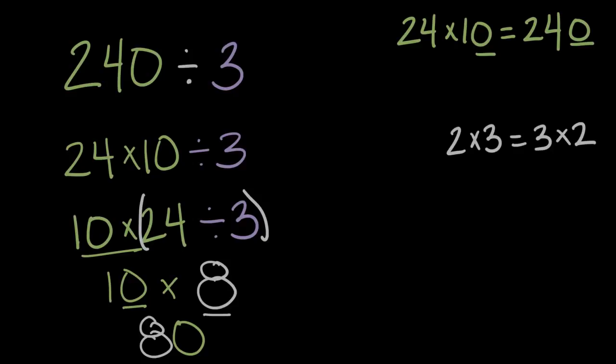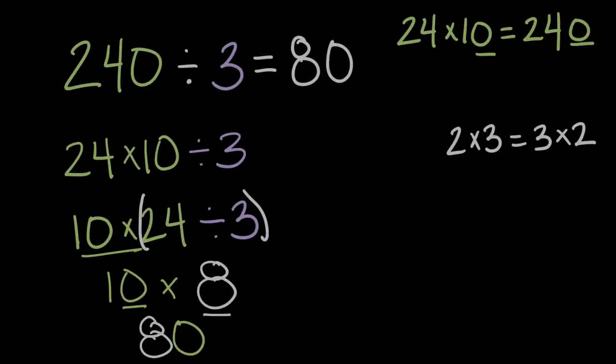So our solution is 80, which means our solution to the original expression is also 80. 240 divided by 3 is 8 tens, or 80.